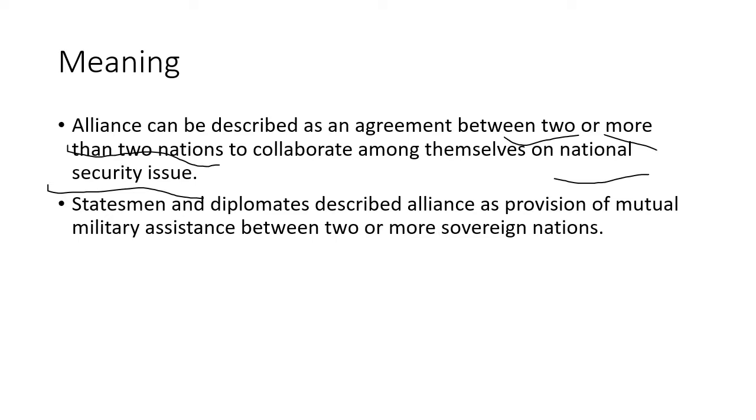For example, in the post 9/11 period, Pakistan made an alliance with the USA, and Pakistan allowed its air bases to be used against Al Qaeda. So alliances are always made for national security issues.